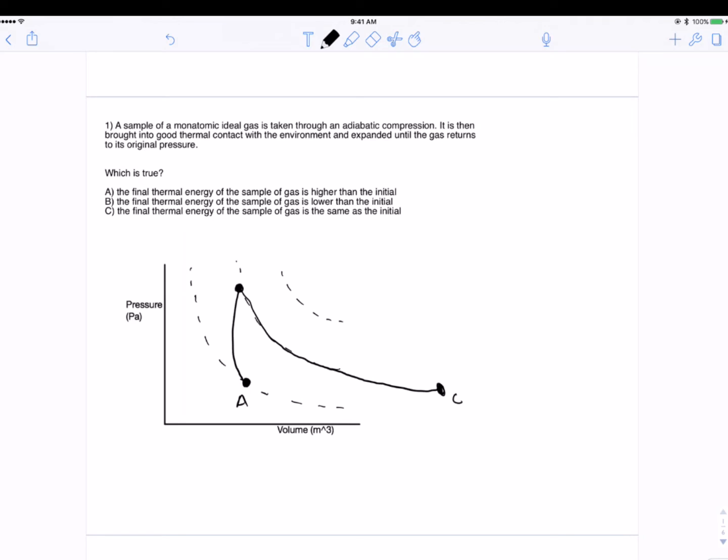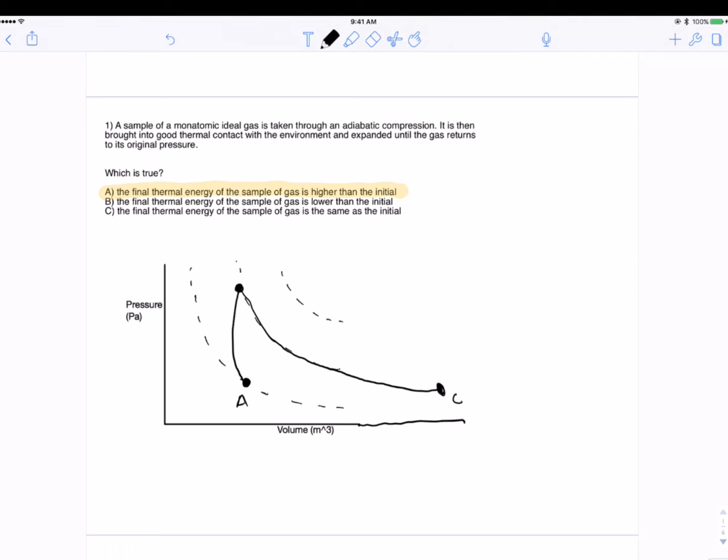See? And so let's see if the final energy is greater or less. So look at how large this volume is and the same pressure. It must be that the final thermal energy is higher than the initial.